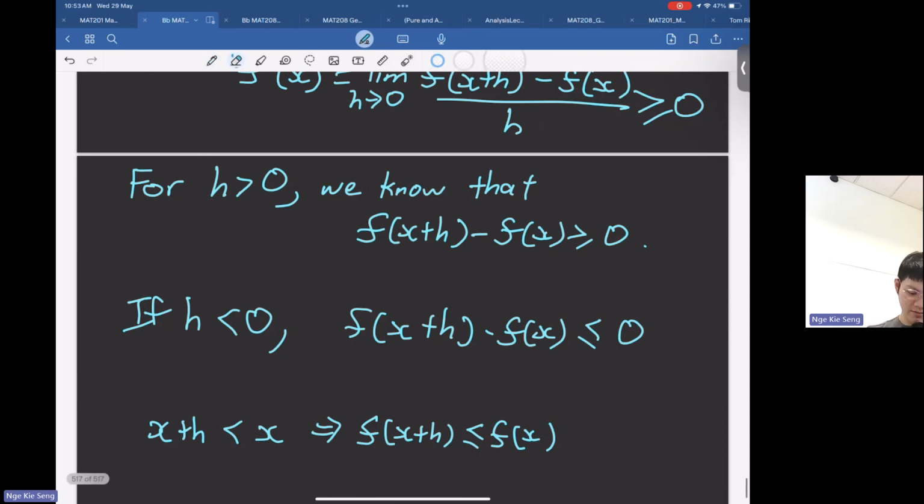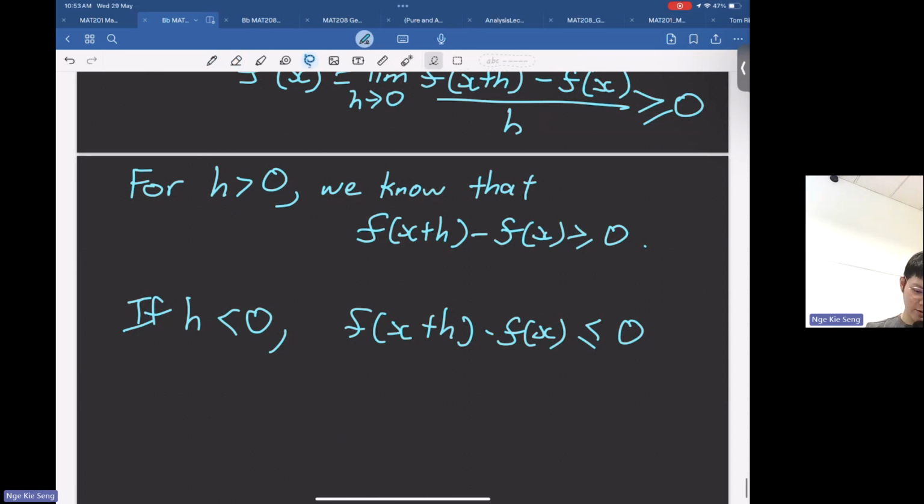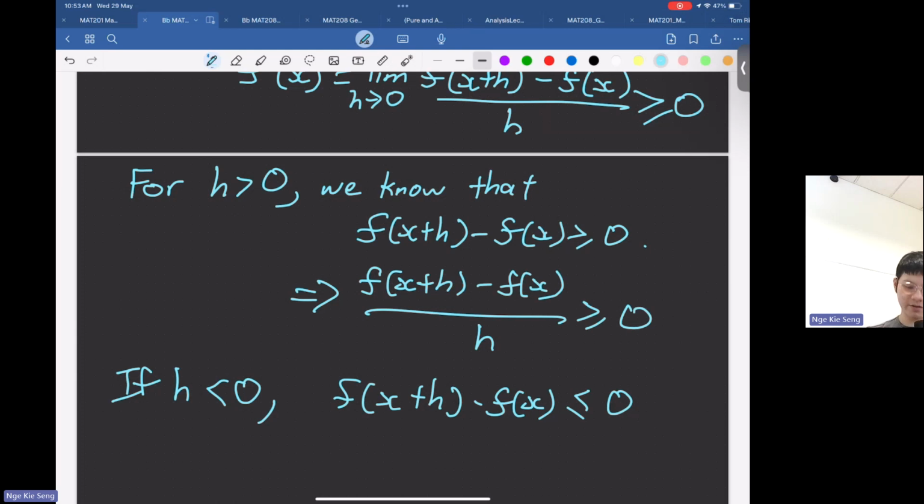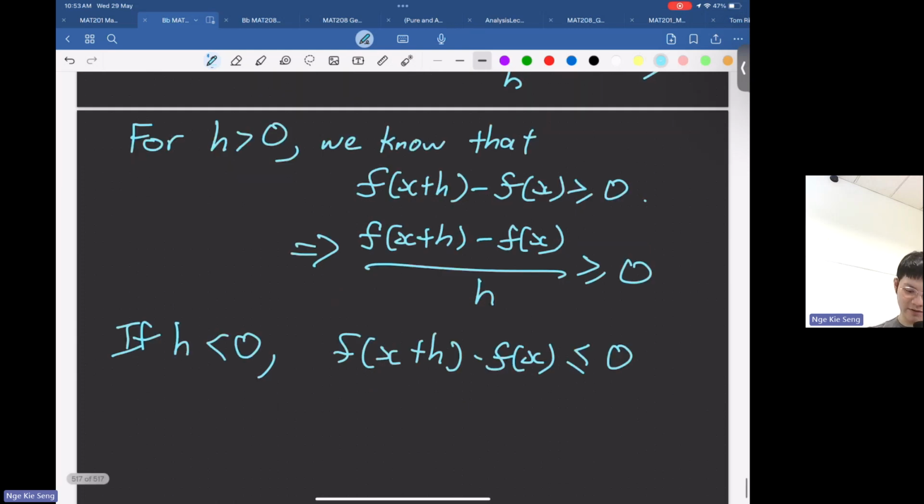Okay, so let me write down what you said. So we have the top one implies that f(x plus h) minus f(x) over h is greater or equal to 0, correct or not? Because h is positive. But at the bottom, what happened? You are dividing by negative h.